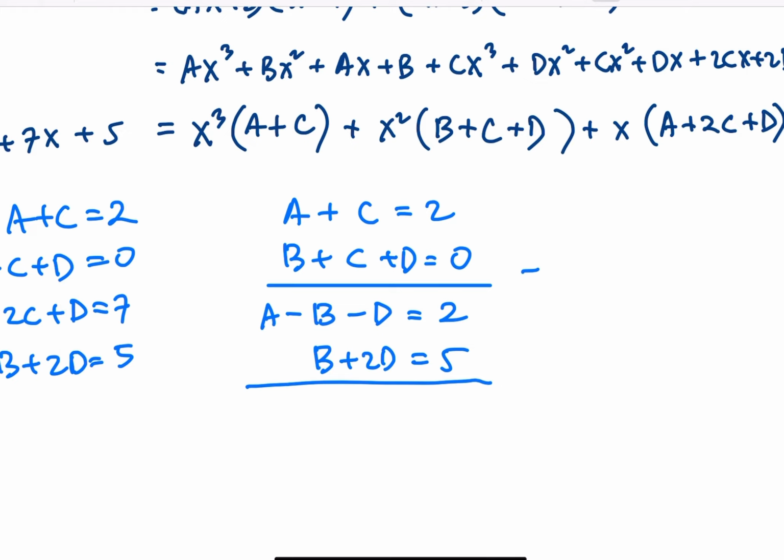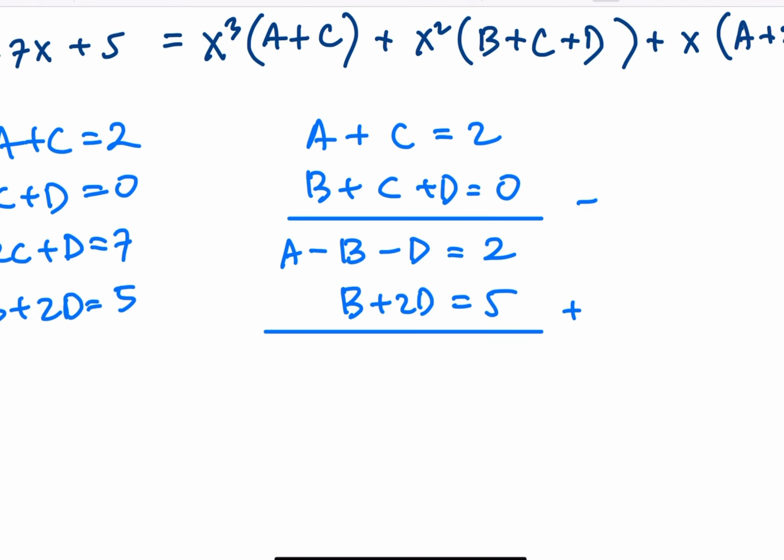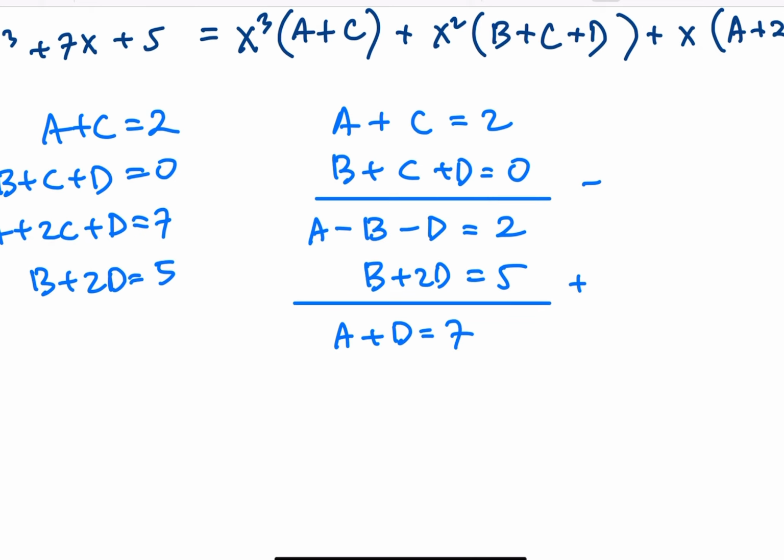Just plus this too. So a plus d is 7. And then we have a plus d plus 2c is 7, right? A plus d is 7, so 2c is 0, so c is 0, right?